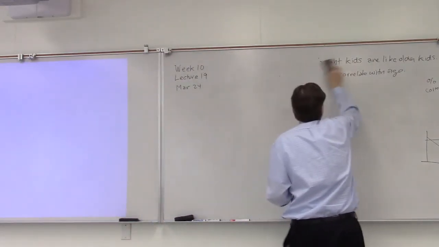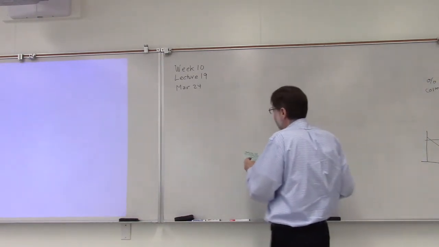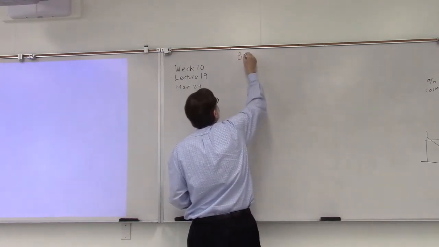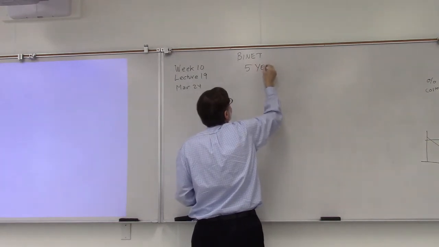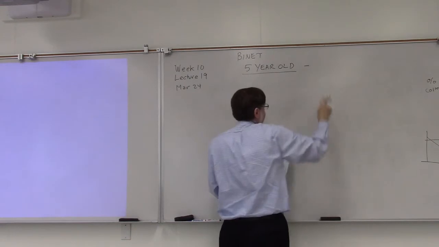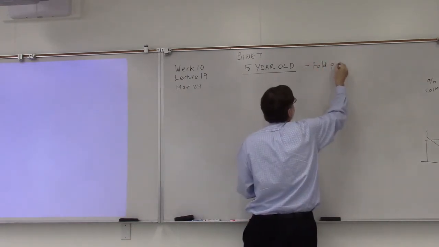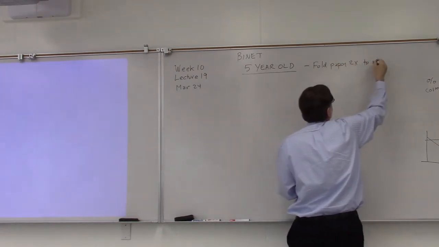So at the age of 5, here's some of the kinds of tests that Binet came up with. The average 5-year-old can fold a piece of paper 2 times to make a triangle.